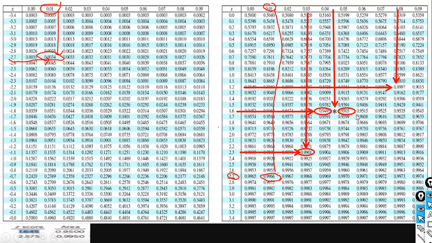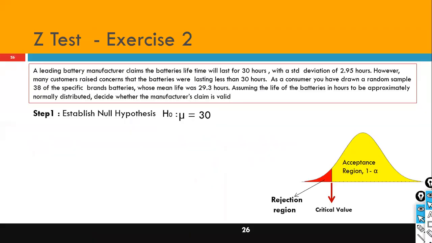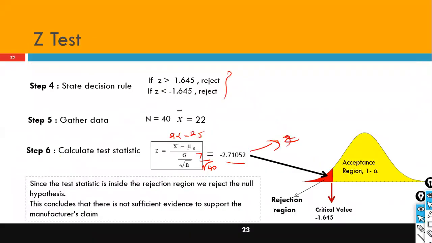So what is the corresponding horizontal value? 1.6. And the corresponding vertical? 0.04 and something in between. So 1.6 plus 0.04 is 1.645 something we are getting. That is how we arrived at the critical value. We cannot say 1.650 because 1.650 corresponds to 0.9505, something like that. So 1.645.